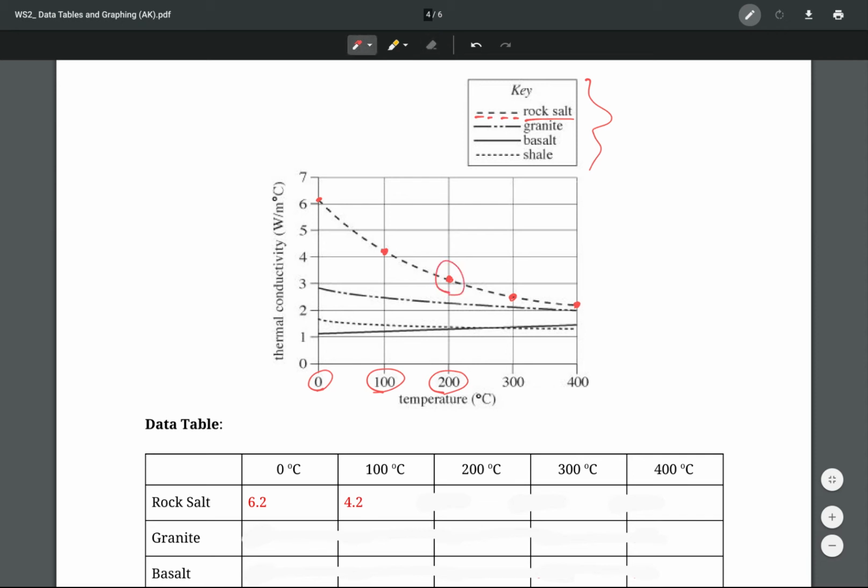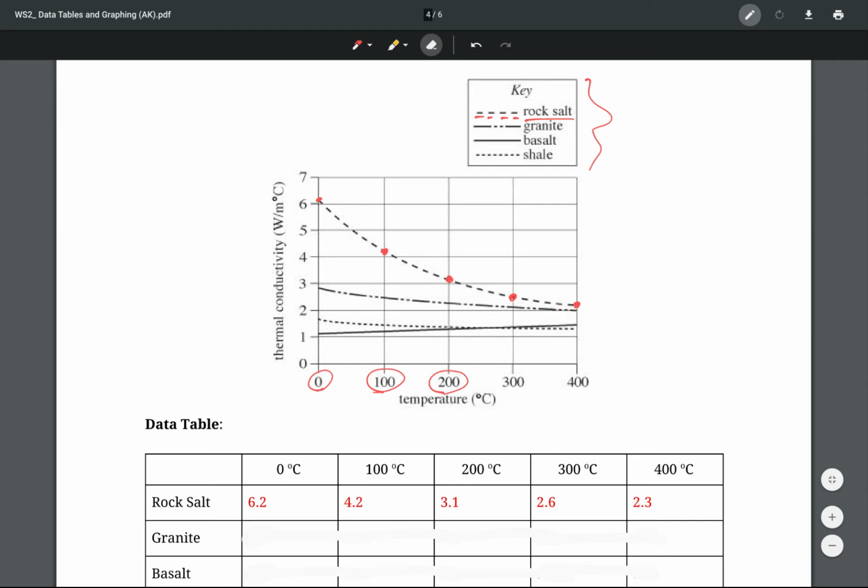The next one is just over 3. And it seems closer to 3 than the last 2 points were closer to their closest whole thermal conductivities. This data point is right between 2 and 3. So 2.6 or 2.5. And then the last data point is very close to 2.